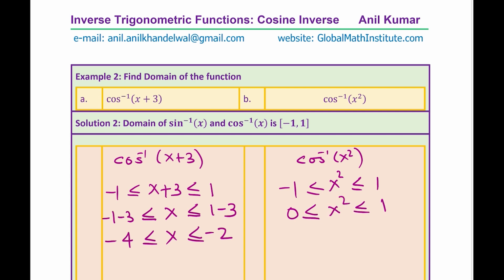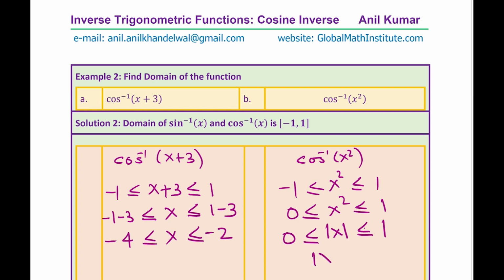Now we can take the square root of all three. Square root of 0 is 0, and square root of x squared is what? Absolute value of x, correct? And here we get 1. So basically, absolute value of x should be less than or equal to 1, correct?